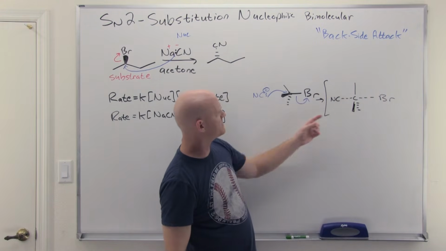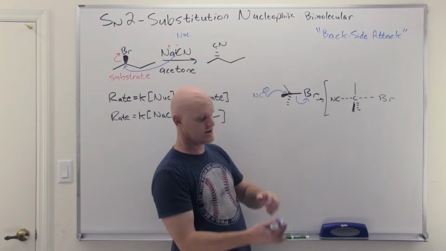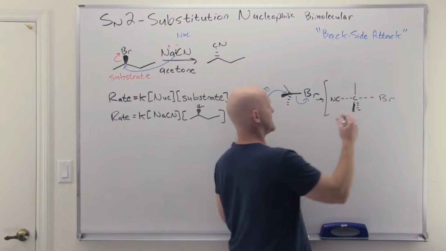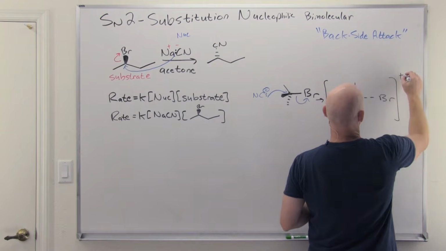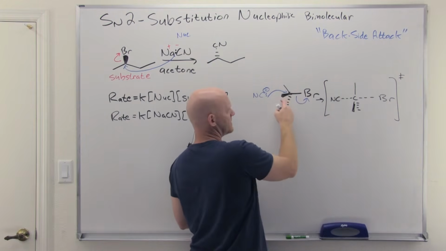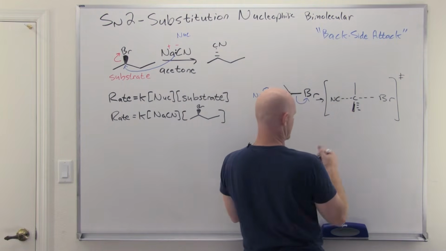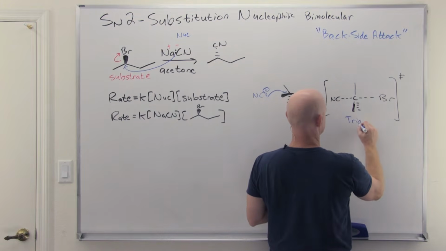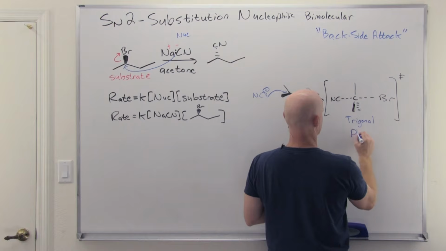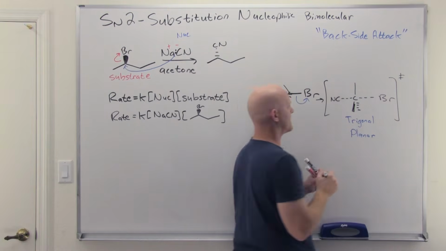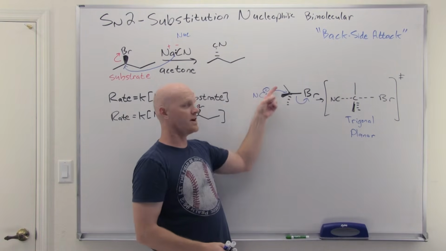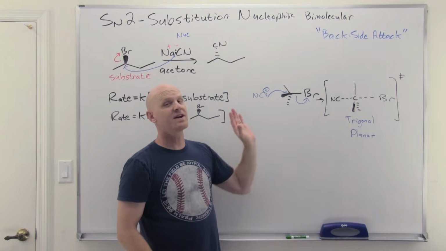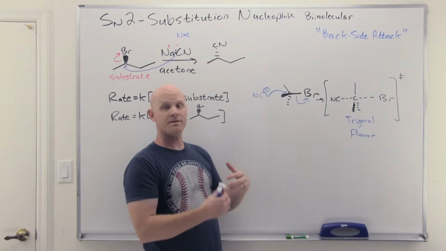For just a brief minute, the reactant here is tetrahedral. The product is also going to be tetrahedral, but in the transition state, these three groups right here, for just a brief instant, are trigonal planar and 120 degrees apart. They're going to start off all 109.5 degrees apart, and in the final product, they're going to all be 109.5 degrees apart, but inverted.